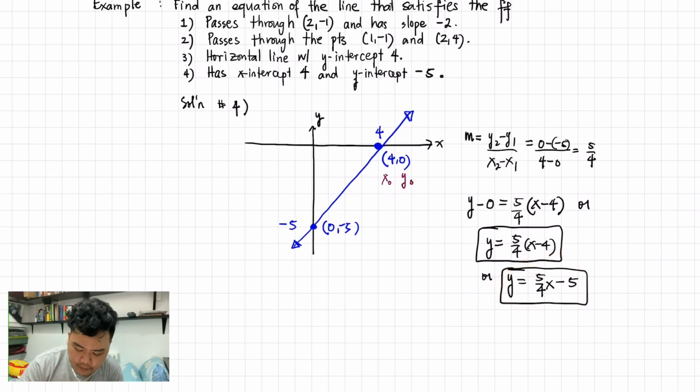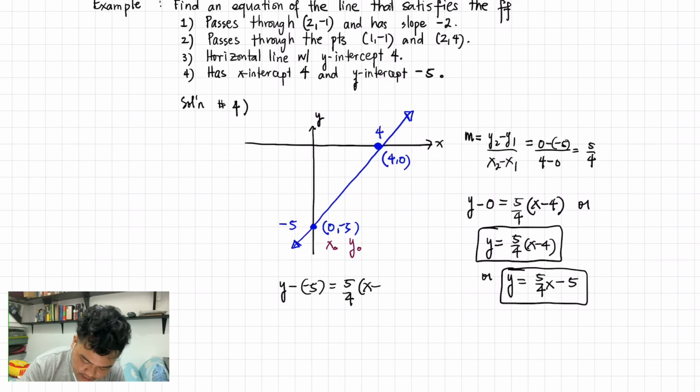What happens if we pick this one as our x naught, y naught? We should get the same line. So let us verify that we will obtain the same equation. Okay? So the slope is 5/4. So we get y minus y naught, minus negative 5, equal to 5/4 times x minus 0.